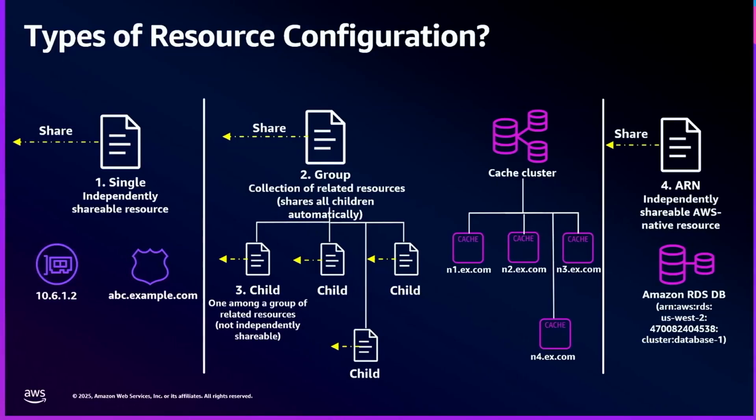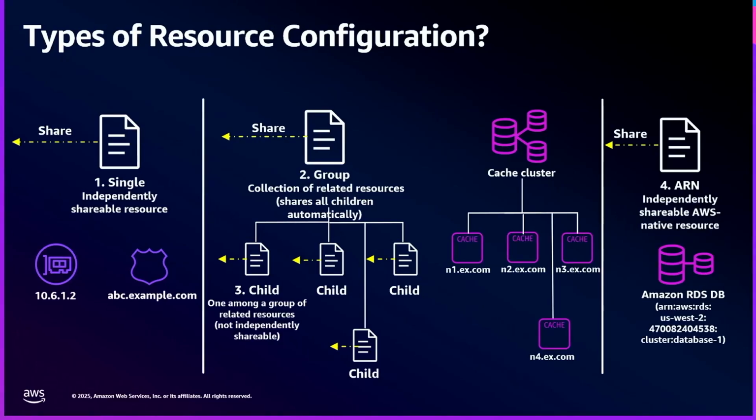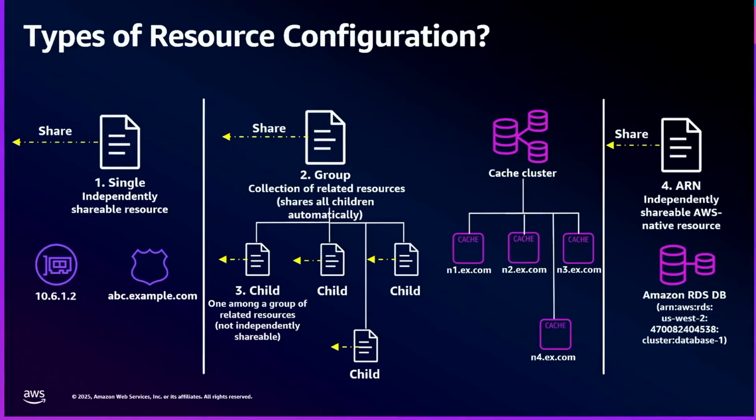But what does that actually give you? So if you wanted to utilize a group of services or something like a Redis cache cluster, we also support child configuration. What you can do within the cluster is configure multiple different child resources, group them into a parent resource, and then share the parent resource across different consumer accounts.